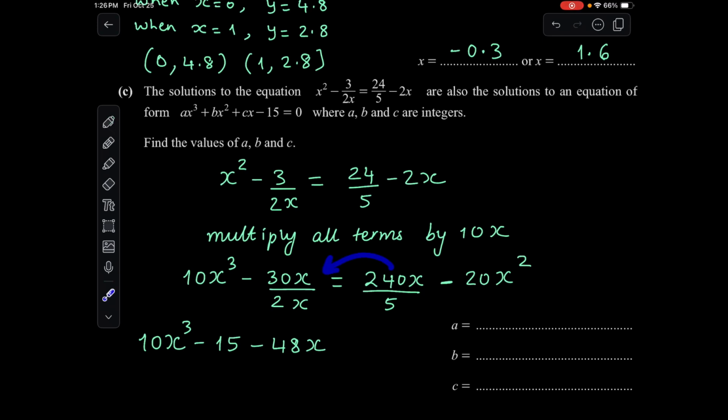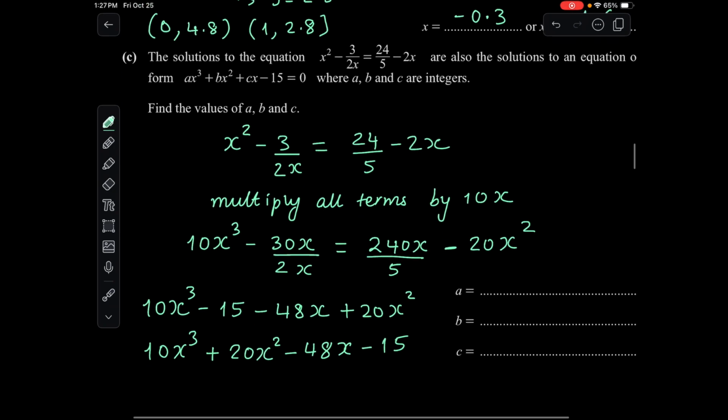48x. When you bring this positive to the other side, it becomes minus, and minus 20x square on this side, when you move it to the other side of equal to, it becomes plus 20x square. Rewrite in standard form: 10x cube plus 20x square minus 48x minus 15.